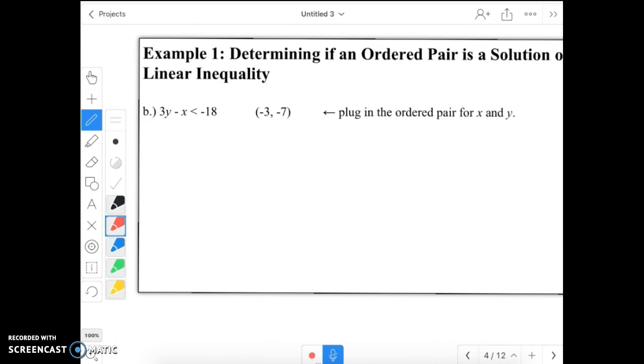So we have negative 3 and negative 7, so I'm going to plug those in. 3 times negative 7 minus negative 3 is less than negative 18. So we get negative 21, and subtracting a negative turns into a plus. So that's plus 3 is less than negative 18.